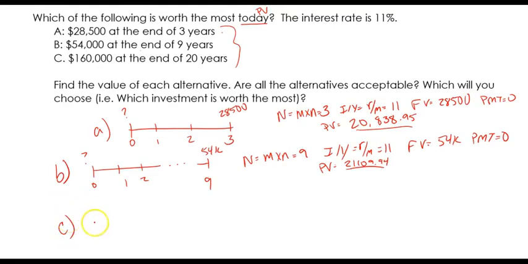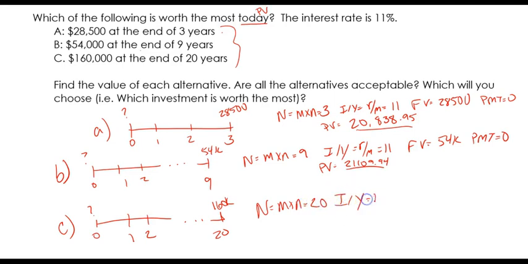Okay, so now let's look at scenario C. $160,000 at the end of 20 years. So I just shortened my timeline a little bit. What is that worth today? Discount rate stays the same at 11%. Our future value is $160,000. And our payment is 0.